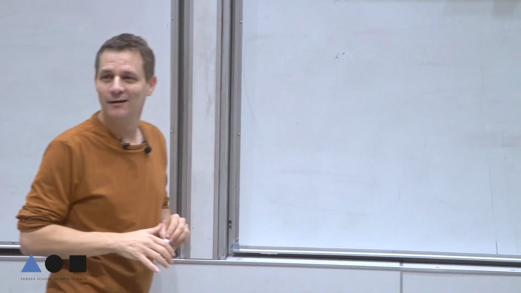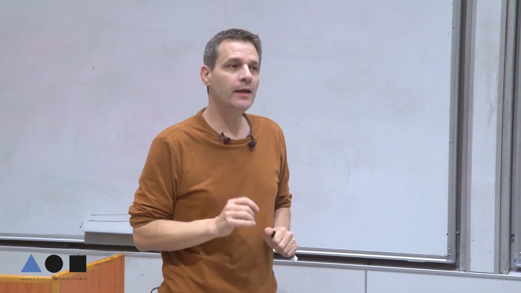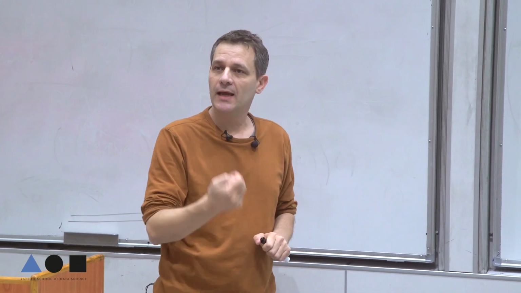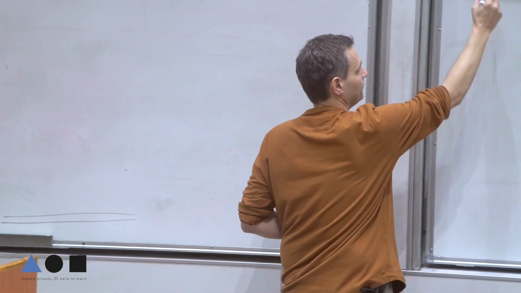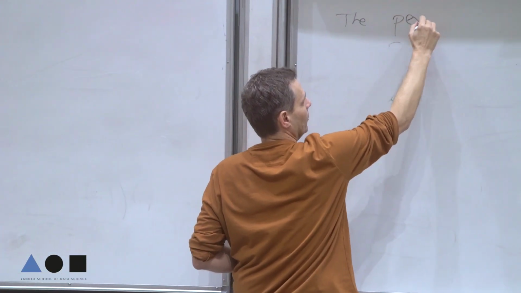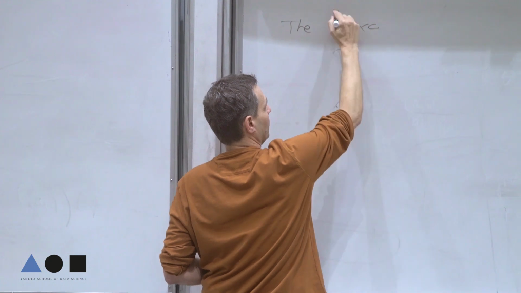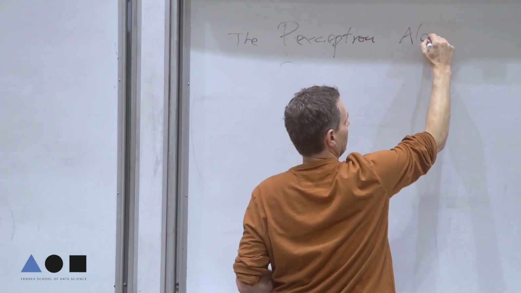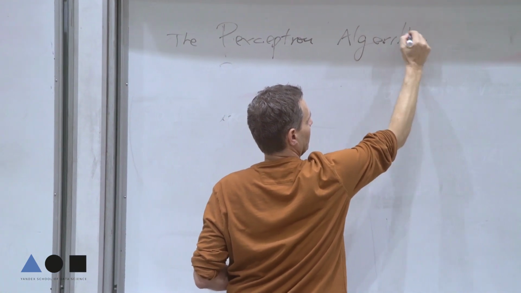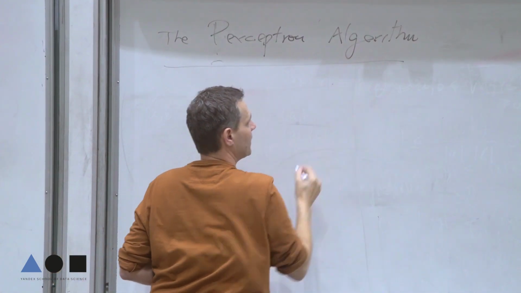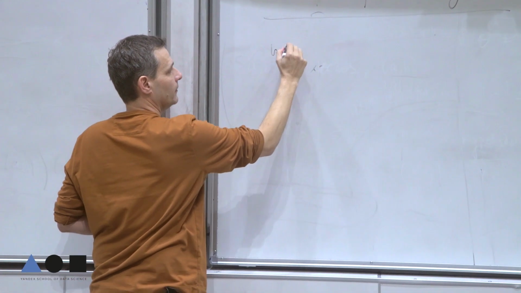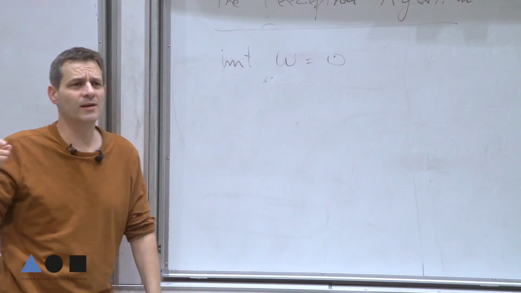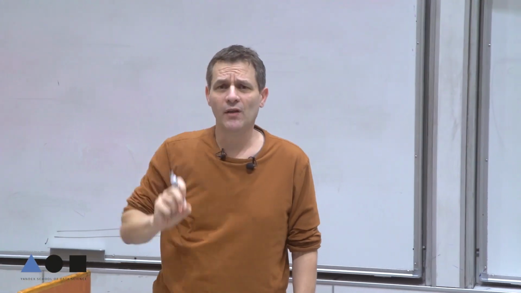OK, let me remind you. The idea is that you basically go over the samples, sample by sample. The Perceptron algorithm says: initialize W to something, let's say 0, or some small random numbers.